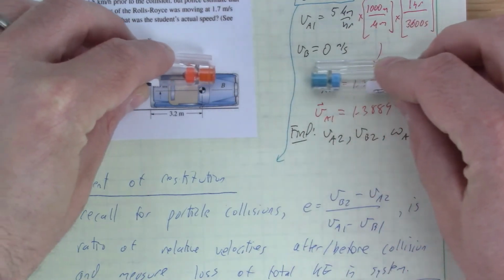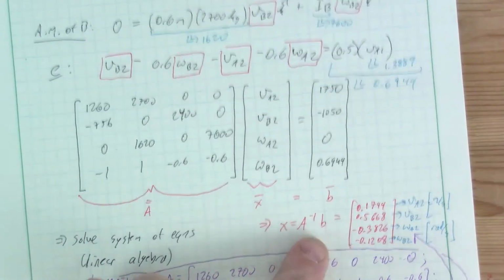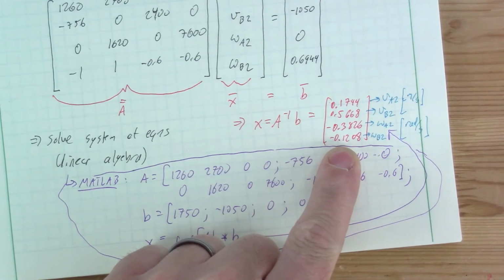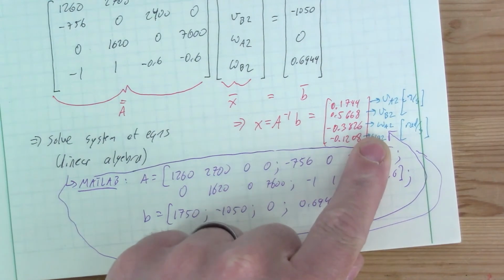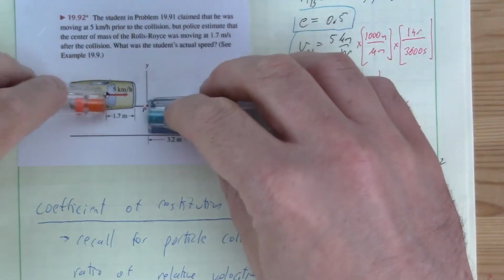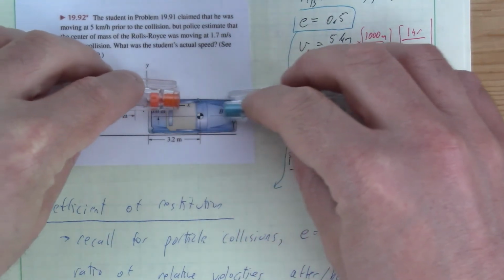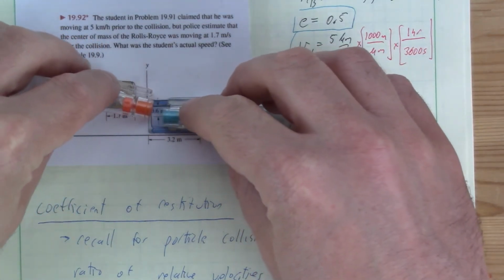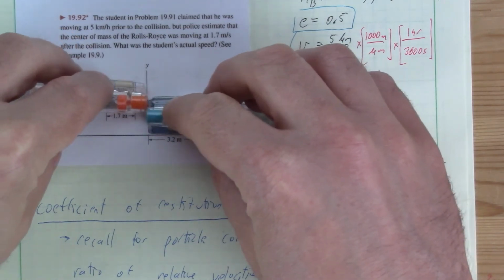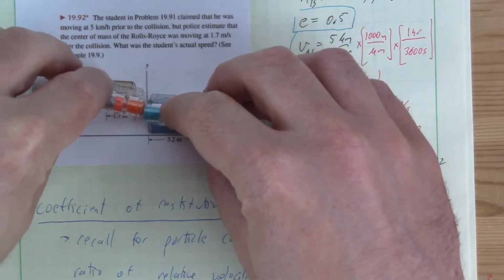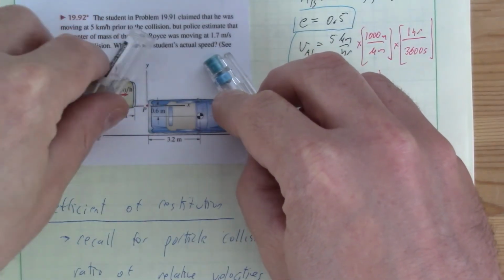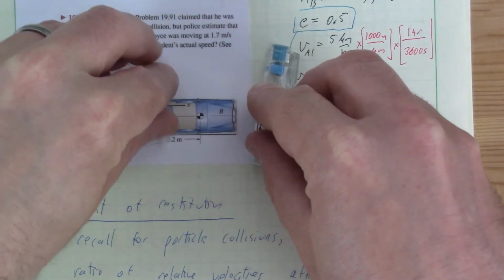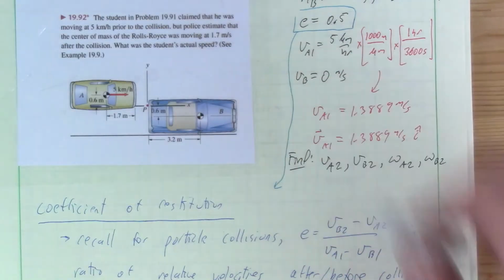They both end up moving to the right, while they're both rotating in a clockwise direction, because they're both negative, and the first one rotates faster, the one that did the collision, the one that was originally moving. So they both rotate clockwise, and this one rotates faster. That's what we determined.